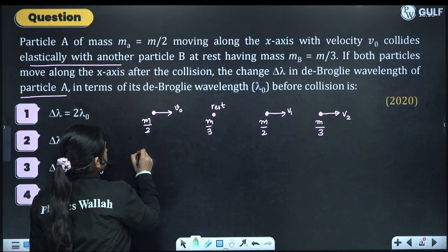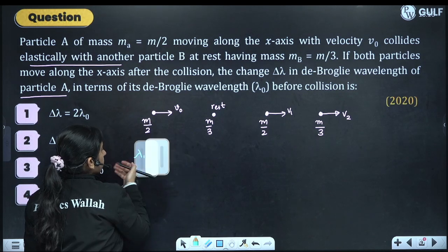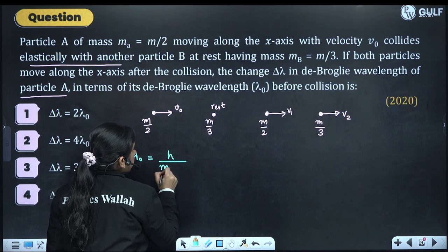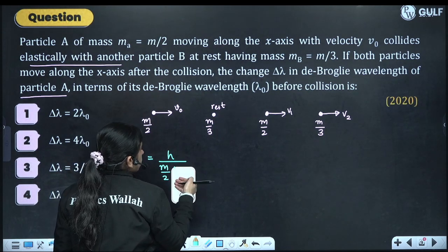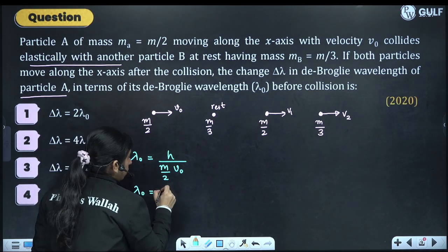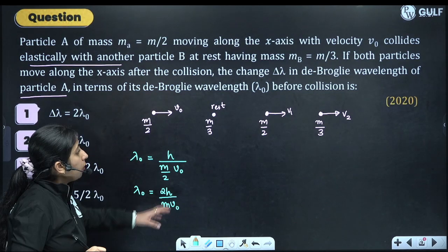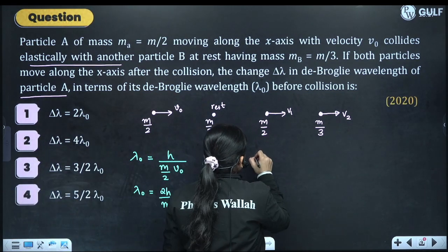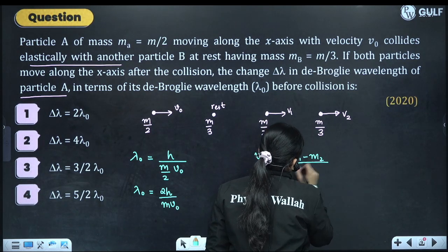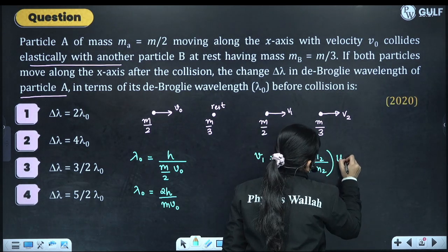So before collision, lambda naught is equal to h by mv. Mass is m by 2 and velocity is v naught. So lambda naught is equal to 2h by m v naught. Now we have to find v1. V1 will be equal to m1 minus m2 divided by m1 plus m2 into u1.